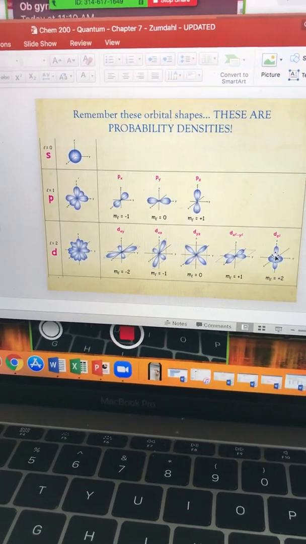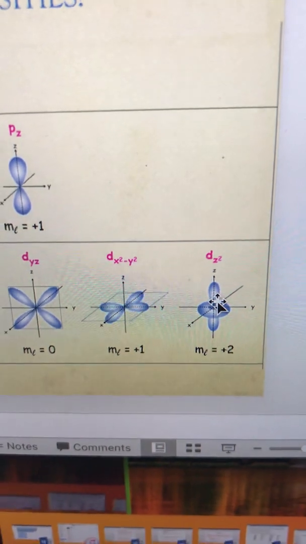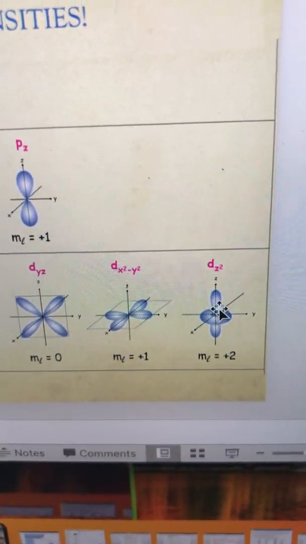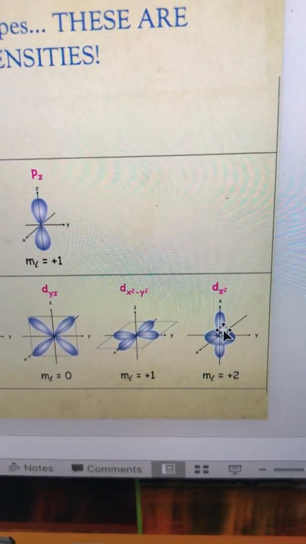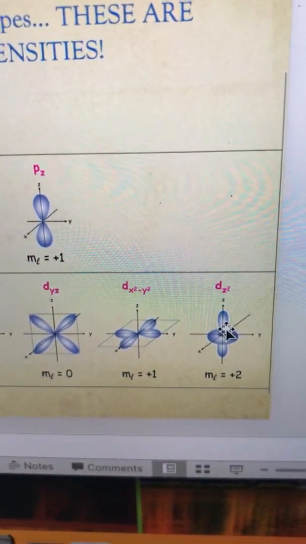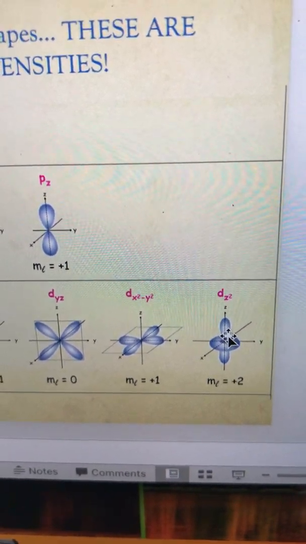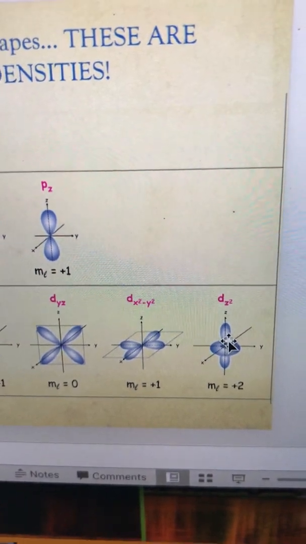I thought that last one, I can't read it that well, but it says dx squared, right? Yeah. I thought dz squared wasn't one of the options on the quiz? It was. Well, that's what I'm asking, how do I know that the correct answer was dx squared minus y squared and not dz squared? It was both. Oh, okay.